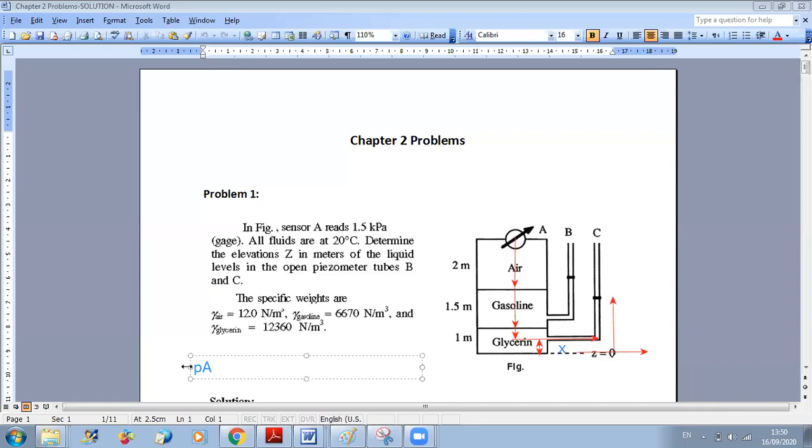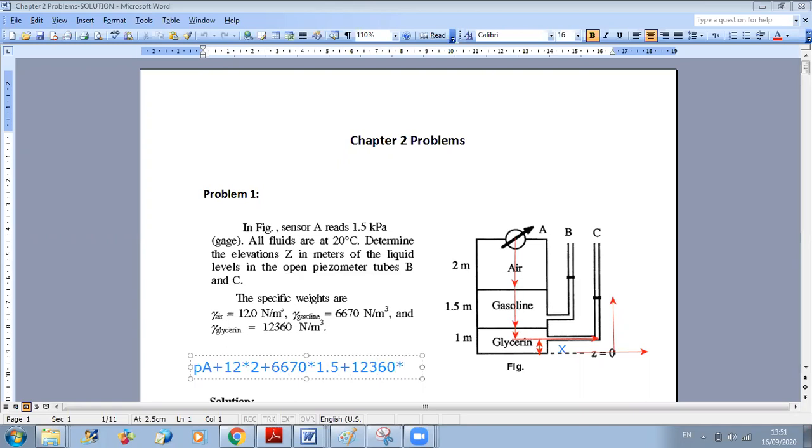So pressure at point A, I replace it by 1,500 Pascal or Newton per meter square, plus gamma of air, which is 12, times the depth, which is 2, plus gamma of gasoline, which is 6670 times 1.5, plus now I will use gamma of glycerin, which is 12,360.